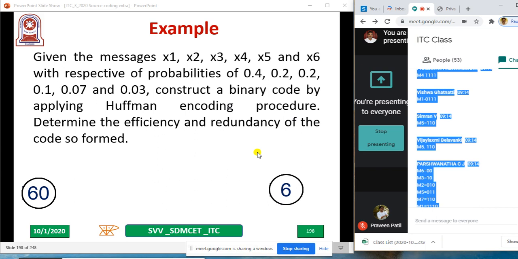I repeat the probabilities: 0.4, 0.2, 0.2, 0.1, 0.07, 0.03.